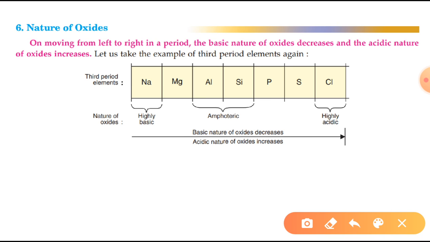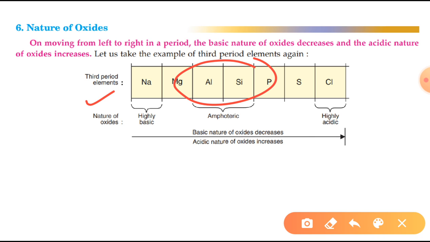Now, when we move from left to right in a period, the basic nature of oxide decreases and the acidic nature increases. Why so? Let's have a look. Sodium is very reactive metal, so its oxide is going to be highly basic. Then have a look at aluminium and silicon.